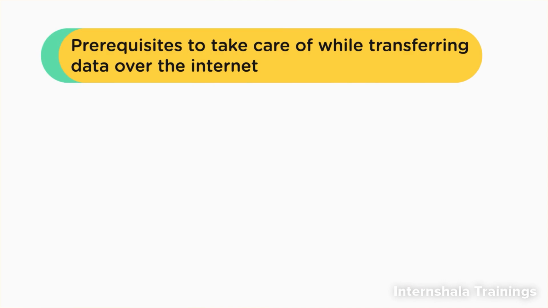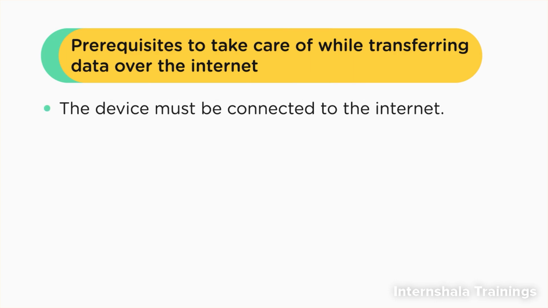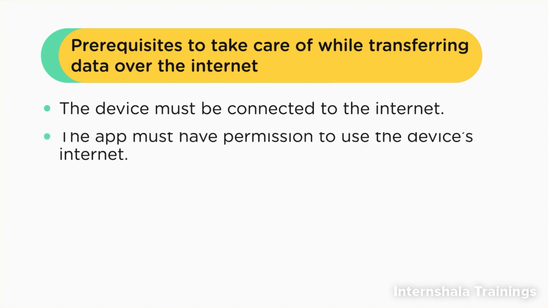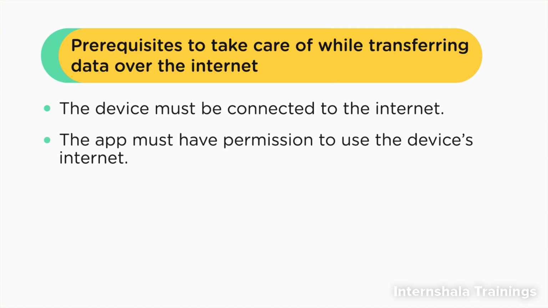First things first, let's look at a few things that we must know to understand what goes on behind the scenes when we connect our app to the internet and share data over the internet. First, the device must be connected to the internet. That is, either you should use mobile data or Wi-Fi, etc. Second, the app must be connected to the internet.